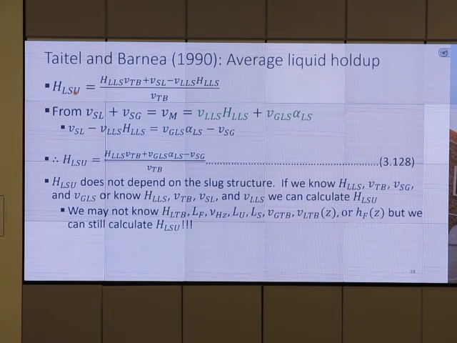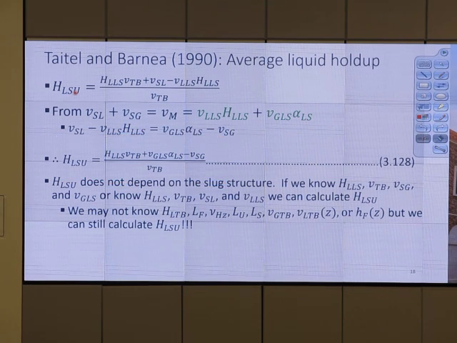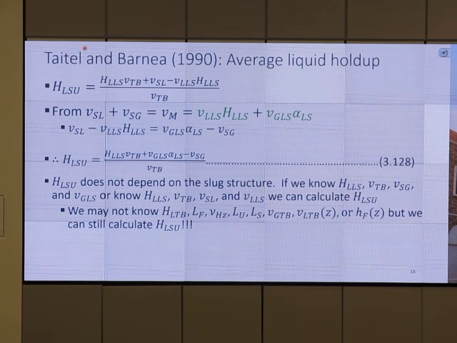What about upward flow, vertical? Taitel and Barnea doesn't work. But this is also applicable for double Hubbard. So we can't use that ordinary differential equation, right? You can, but it's wrong, because it's upward now.